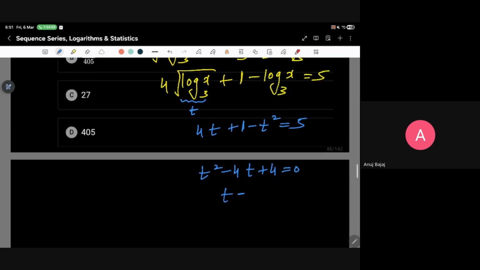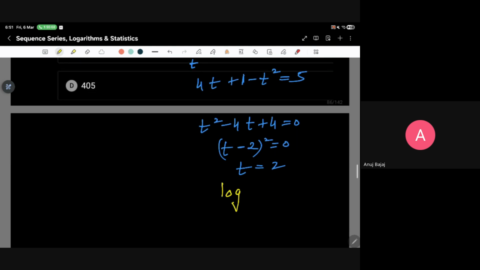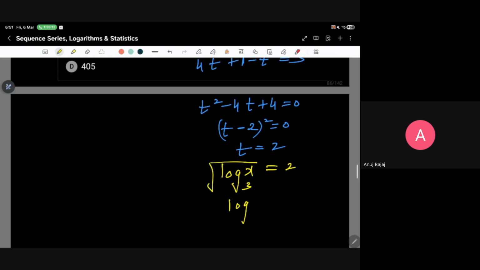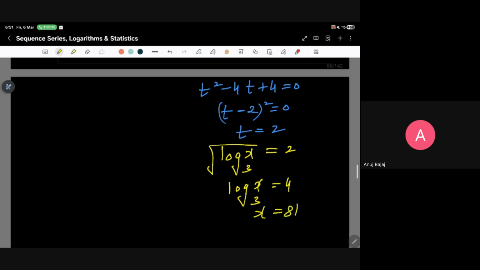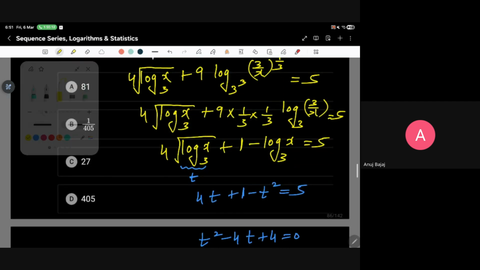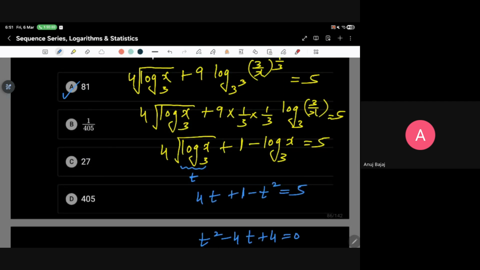So this becomes the perfect square of t minus 2. So t is 2, and t is what? Log x base 3 root. Yes, any doubt here in this?